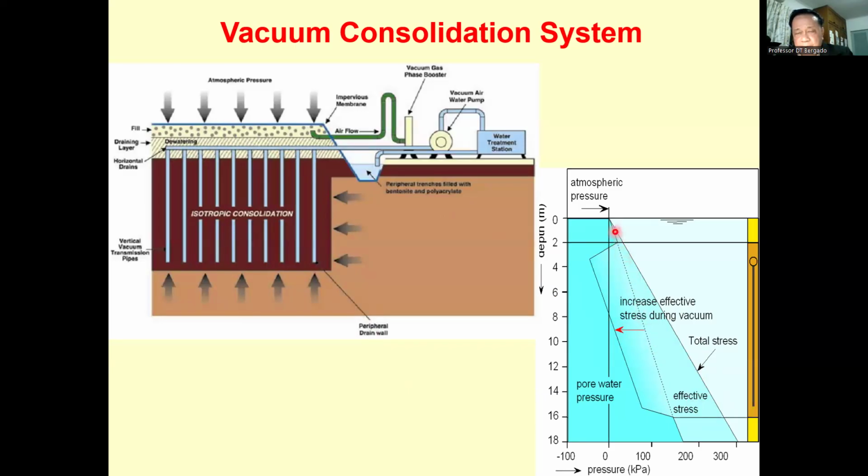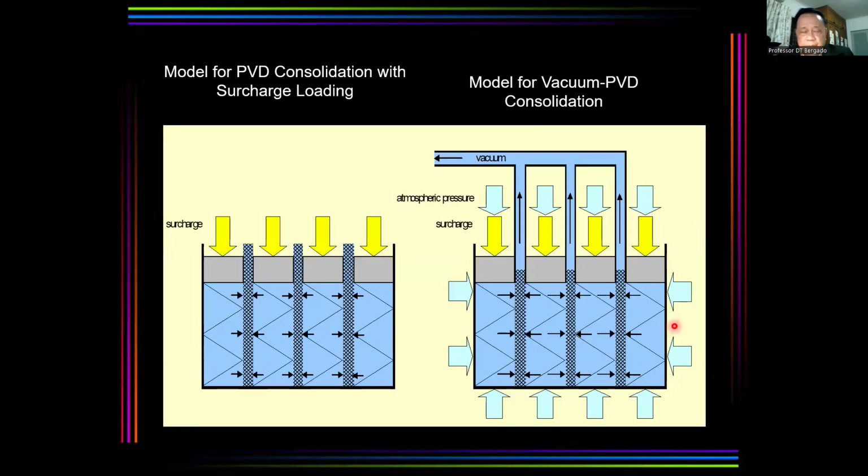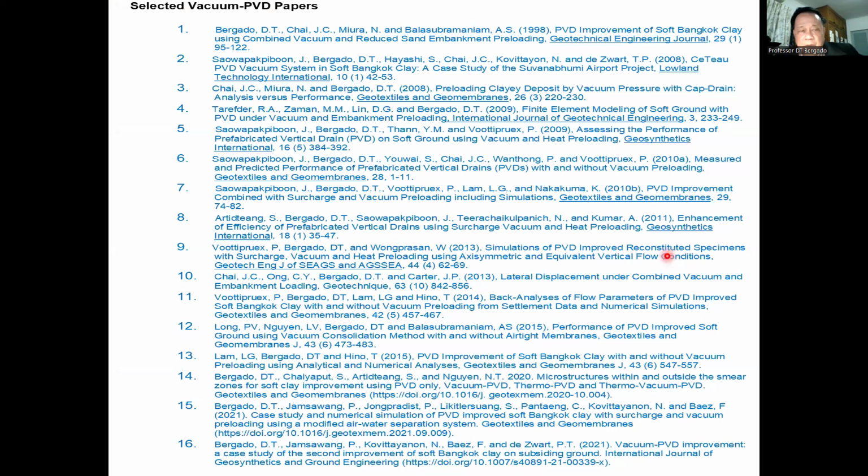But the decrease of pore pressure or vacuum does not exceed atmospheric pressure, which is 100 kPa. So we can only apply vacuum from 90 to 95 kPa. So in this case, we have atmospheric pressure loading in addition to the surcharge load. Here are my journal papers on vacuum PBD.